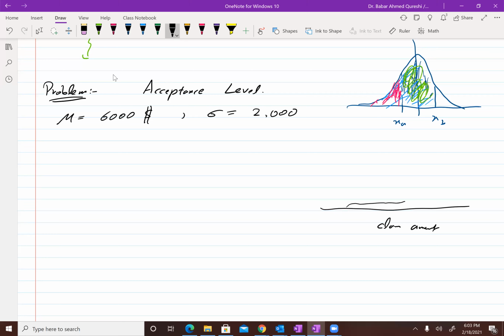In any case, whatever the probability distribution is, all you know is that the mean of the historical claims is 6,000, and the standard deviation is 2,000.